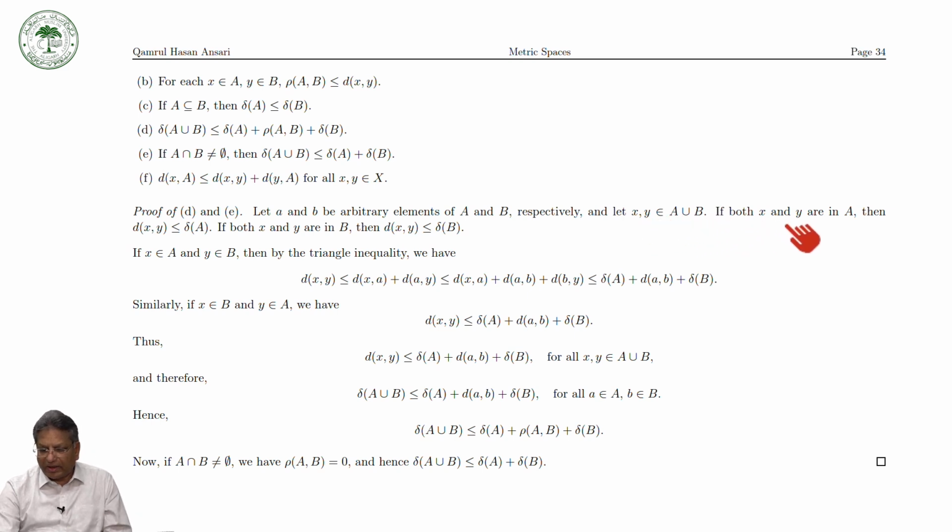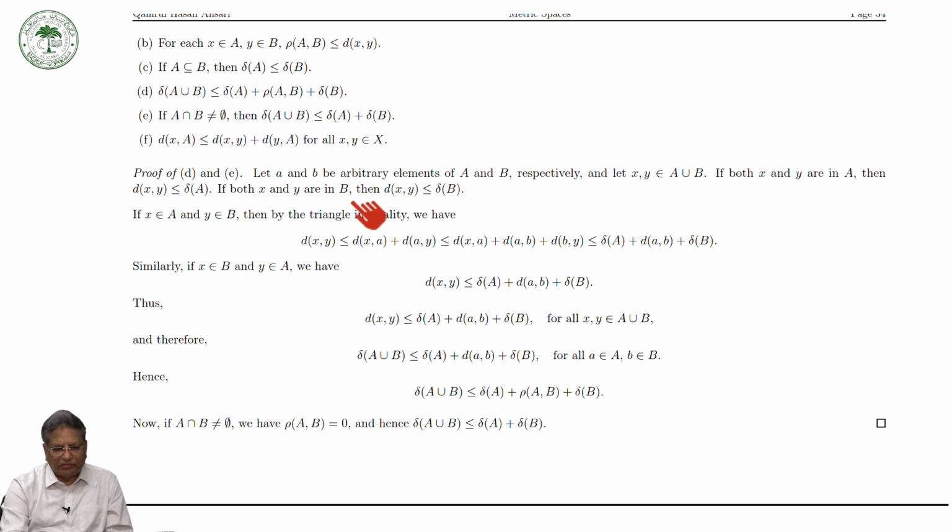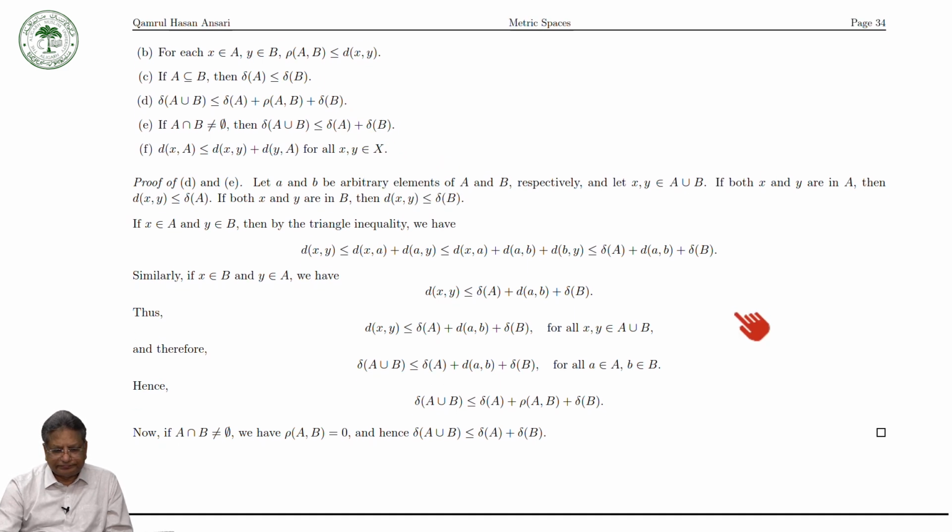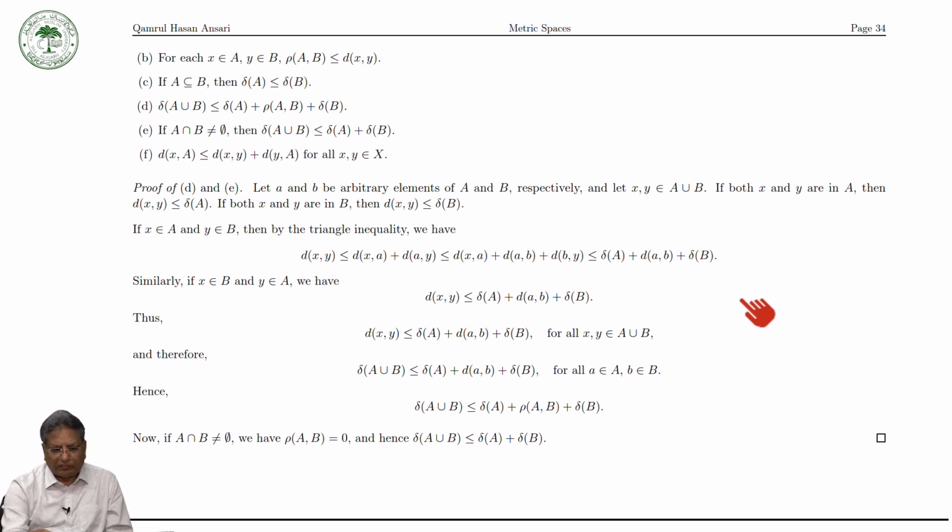So if x and y are in A, then clearly d(x,y) is less than or equal to the diameter of A. Similarly, if x and y both are in B, then d(x,y) is less than or equal to the diameter of B. From here we can see this one.